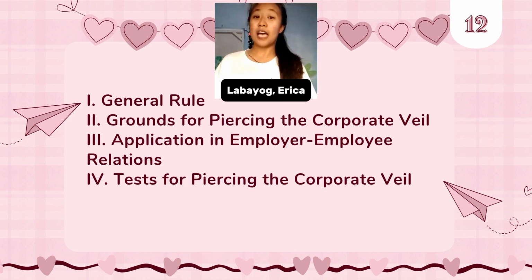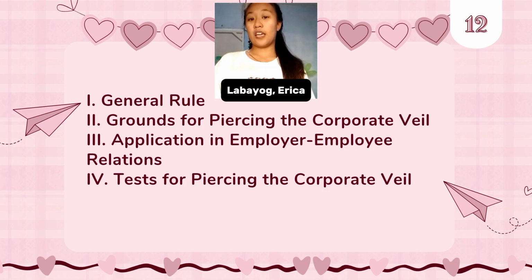The third one is application in employer and employee relations. In labor disputes, piercing the corporate veil is applied to ensure that workers are not denied their rights due to the misuse of the corporate structure.